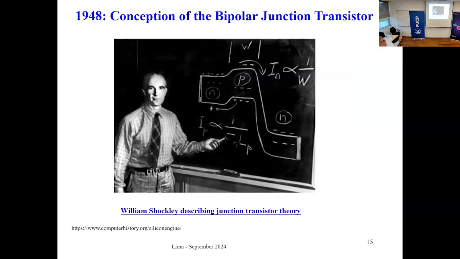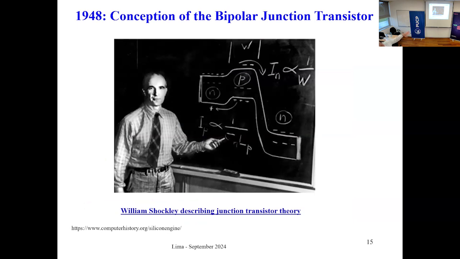I don't know if you are familiar with this diagram. This is what we call a band diagram of the bipolar transistor. This is the VBE junction, and this is the VBC junction, base-emitter and base-collector junctions.